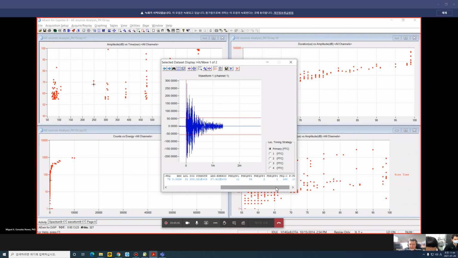I'm going to explain that tomorrow. The frequency centroid of the signal and the peak frequency. So all these parameters, I selected them in the settings of the software. But the system automatically extracts and calculates this information for you.